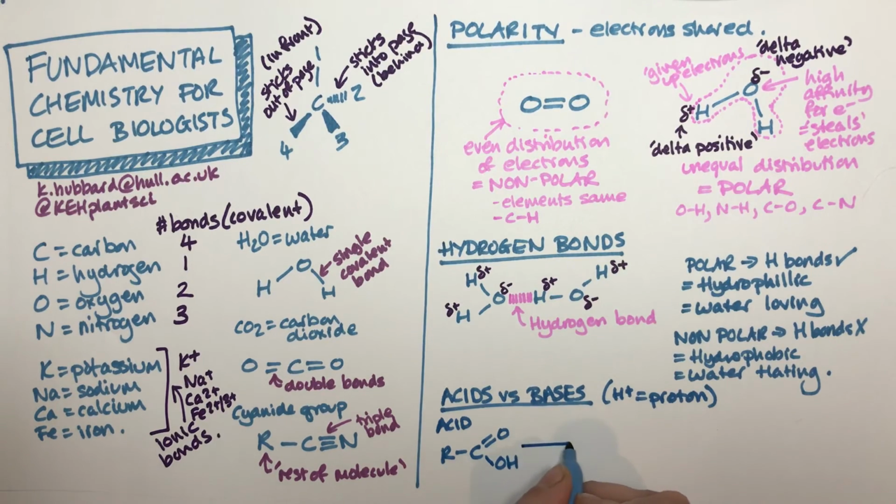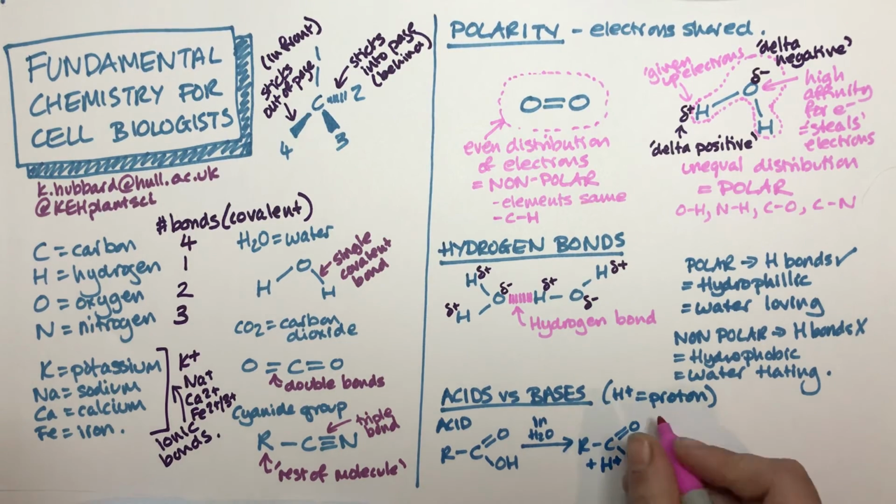When that goes into water, what will happen to that is that becomes carbon. Nothing happens to the double bond oxygen, but that becomes O- plus H+. Okay, so that proton is able to diffuse away, but here we are left with a negative charge.